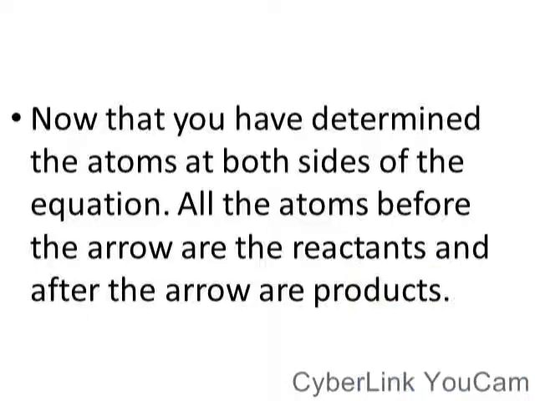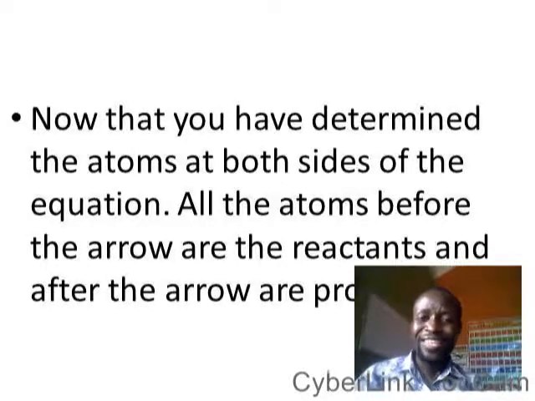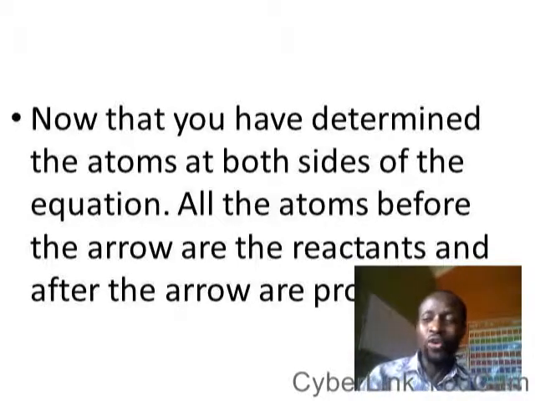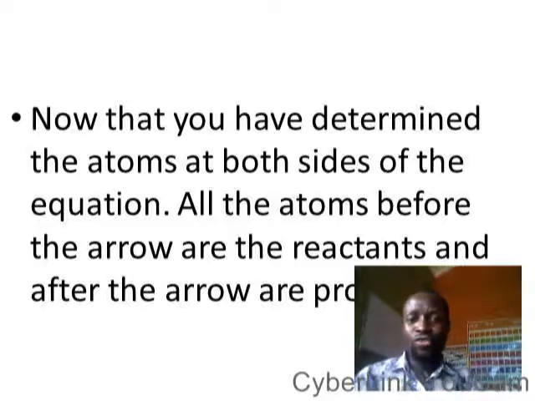Now that you have determined the atoms at both sides of the equation, all the atoms before the arrow are reactants, and all the atoms after the arrow are products. Because it's a single arrow, all the ones at the left hand side are reactants. All the ones at the right hand side are products.